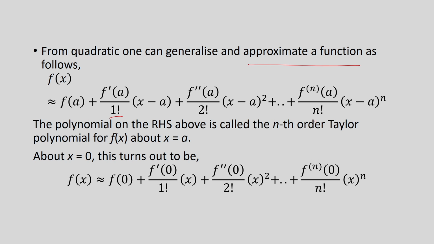If one wants to have a last term here, then it will be f^n(a) divided by factorial n multiplied by (x minus a) whole to the power n.